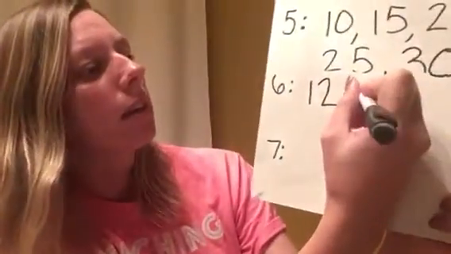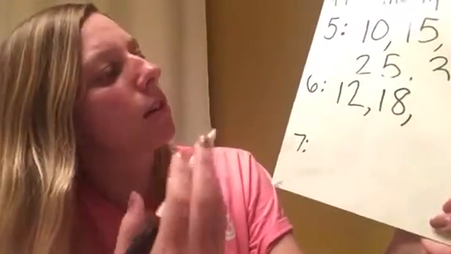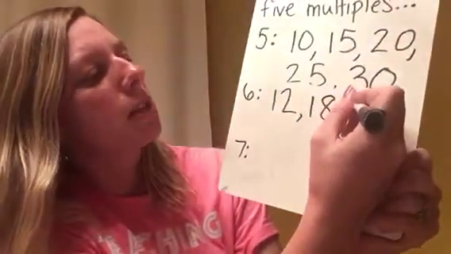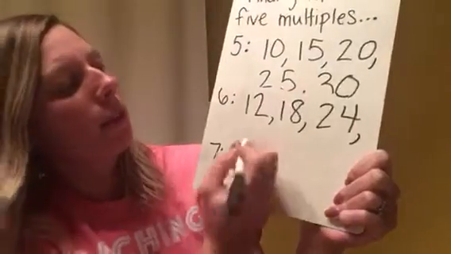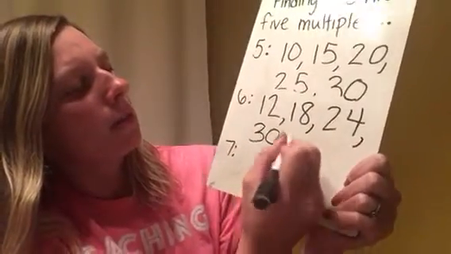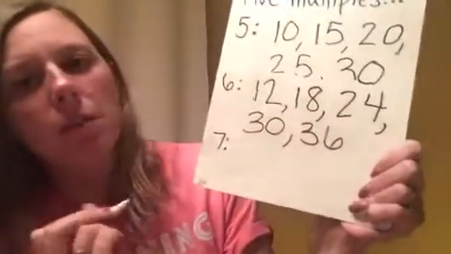That would be 18. Next, what's another number that 6 can go into evenly? After 18 would be 24. Then it would be 30. 36, and there's our 5.